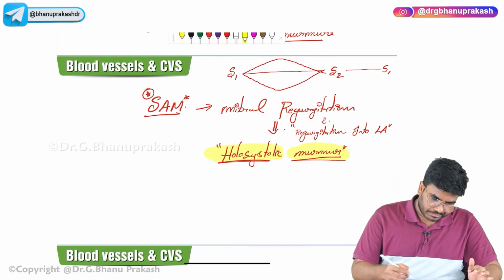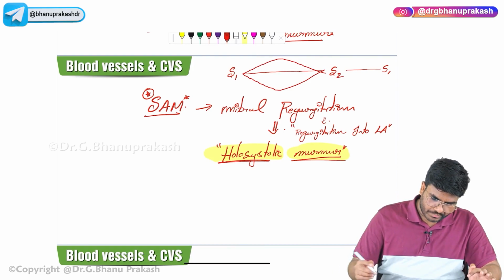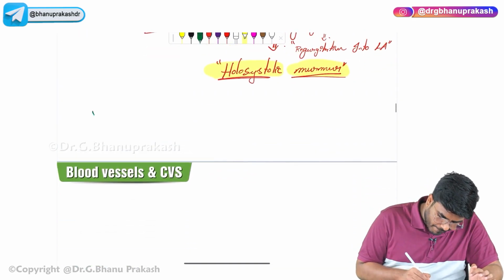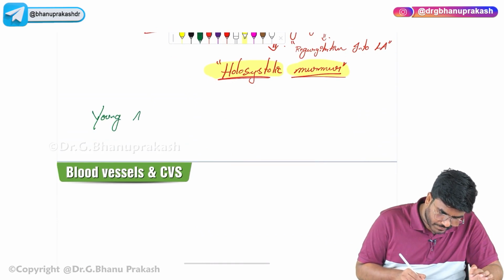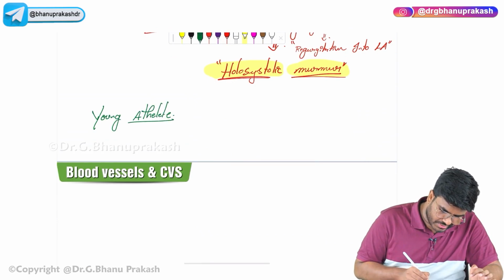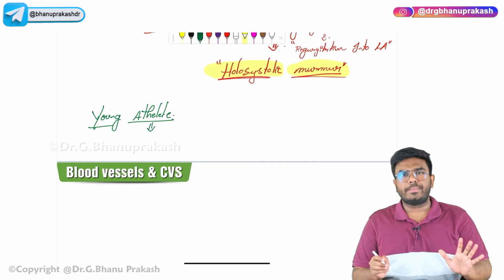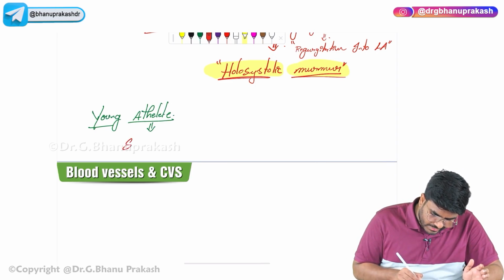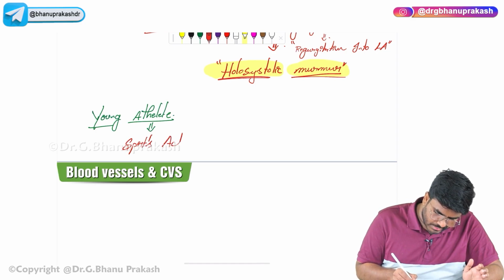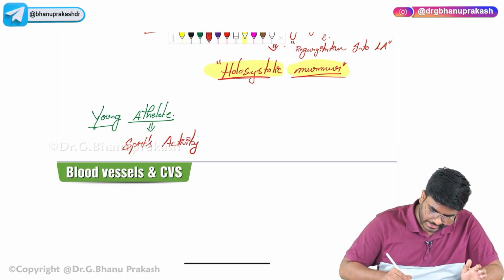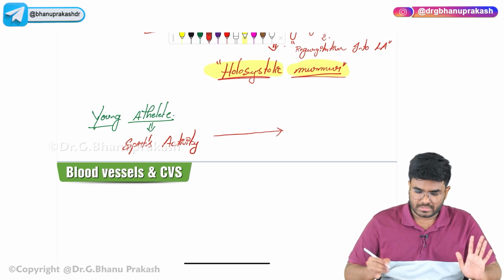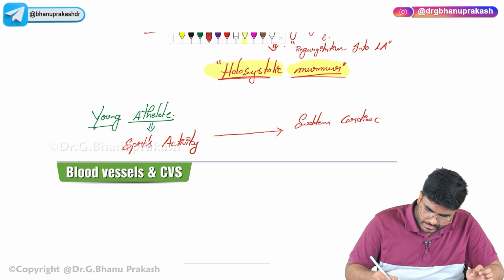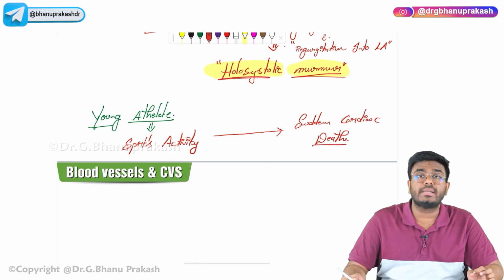Okay, done. Now, after this, what else you should know is, whenever you see a young athlete, not a professional, just in school, who is going through sports activity, participating in some sports activity, and suddenly he is dead, sudden cardiac death, SCD.